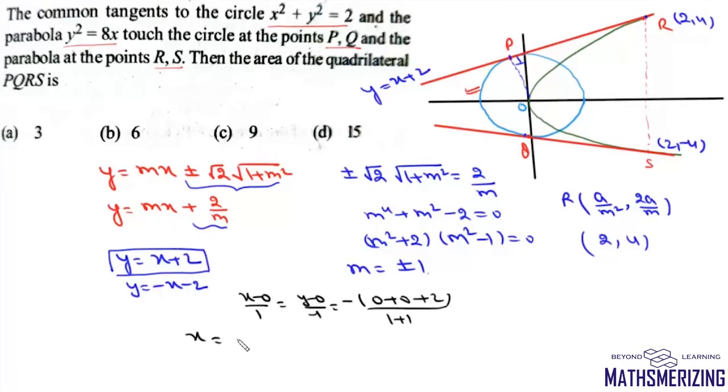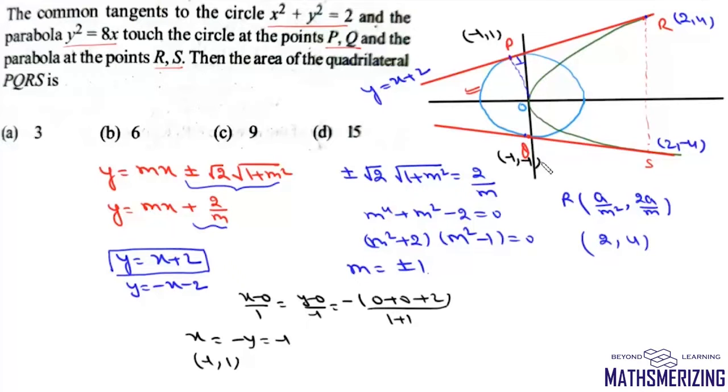So we'll get x equals minus y, and this is equal to minus 1. So value of x is minus 1 and value of y is simply plus 1. So this point P is minus 1 comma 1, and from symmetry we know that this point Q should be minus 1 comma minus 1.